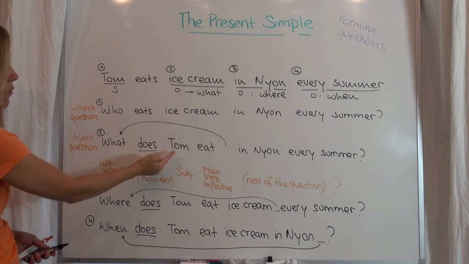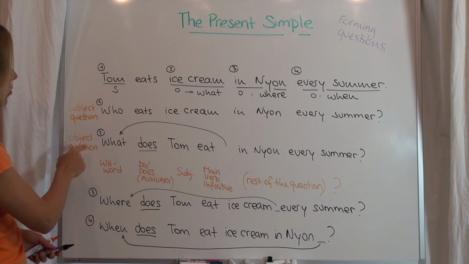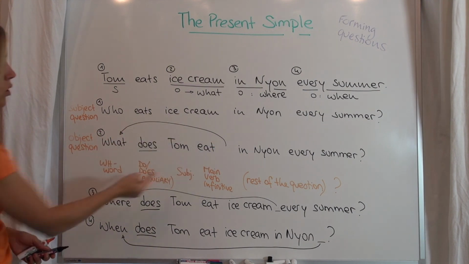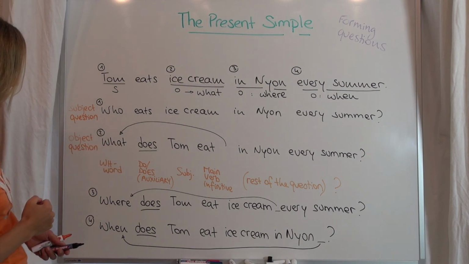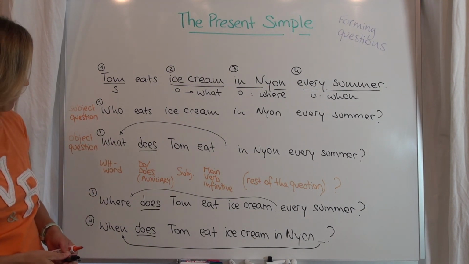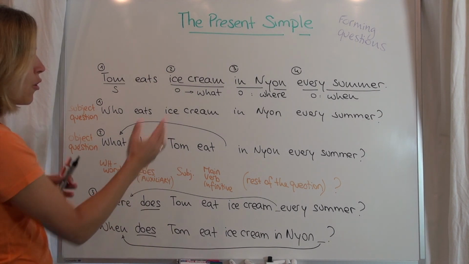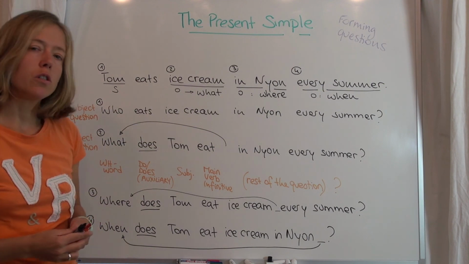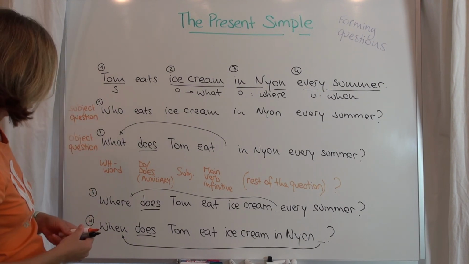Does comes before the subject, you have that does, and the WH word comes at the beginning. So you move the object to the beginning. Okay. So, good luck. Try to ask many different questions from sentences to practice. And, well, enjoy it.